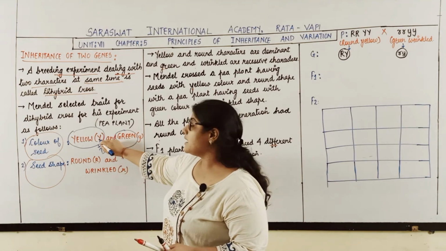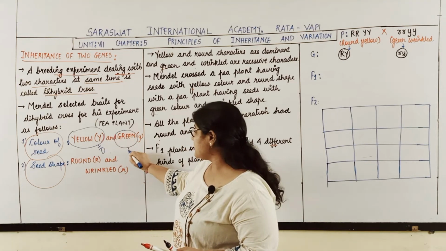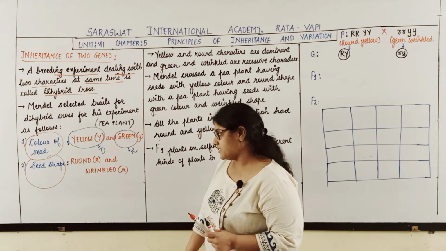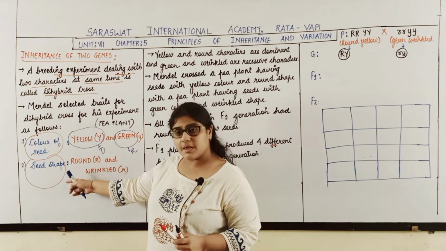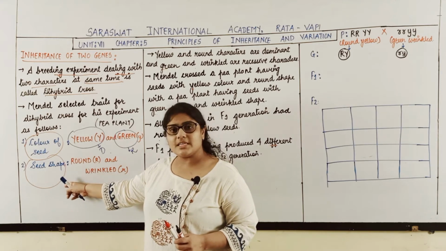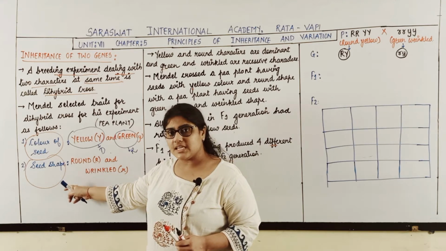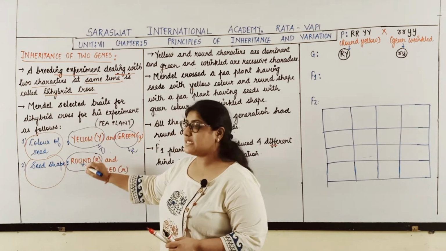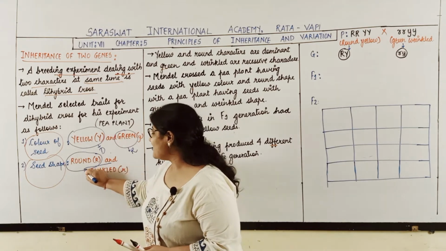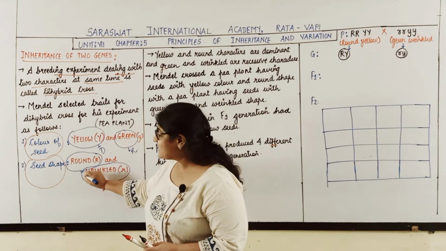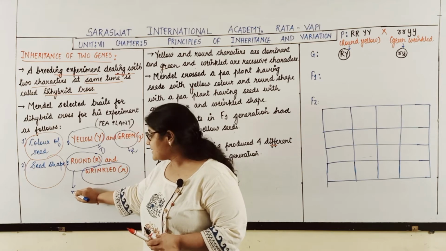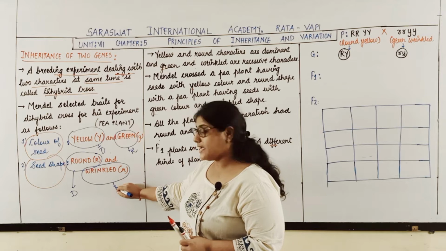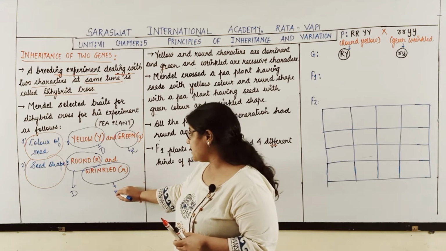It means yellow is a dominant character and green is a recessive character. Similarly, when he performed the monohybrid experiment on the shape of the seed, he found that round shaped seeds were dominant over wrinkle shaped seeds. So round is the dominant character and wrinkle shaped is the recessive character.